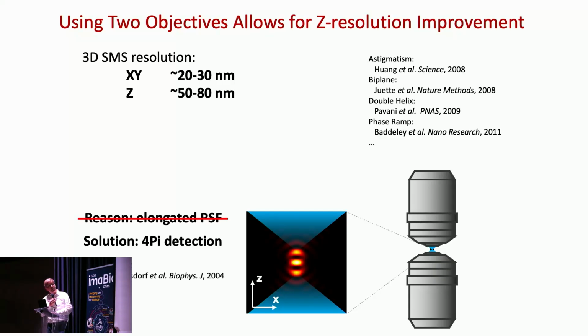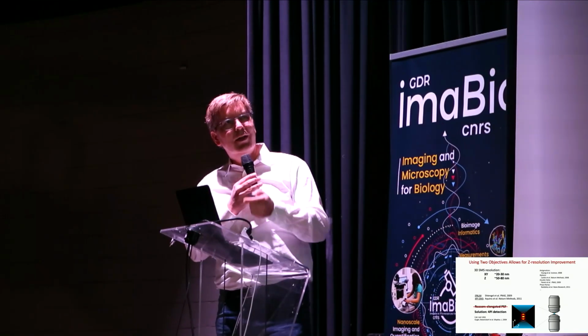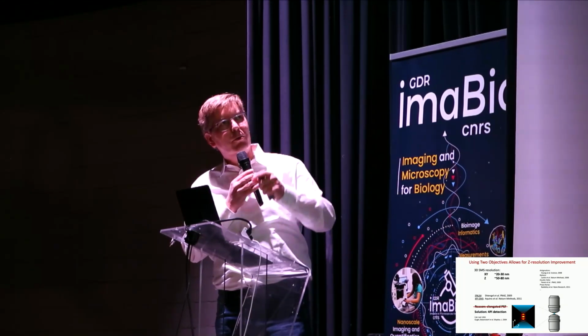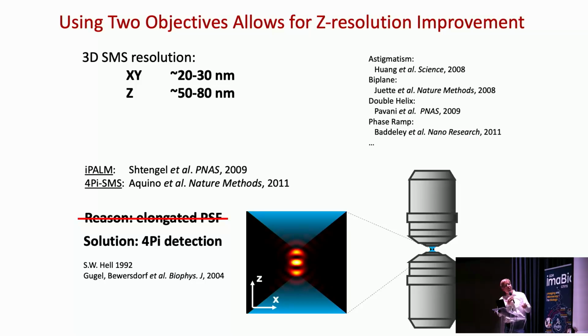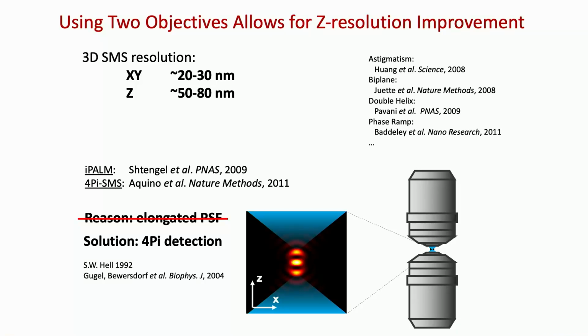So these are the early 4-pi papers, which Kate mentioned I worked on during my PhD. And then it was realized that this can also be used for single molecule localization microscopy, first in the iPALM paper by Harald Hess's lab, and then Stefan Hell's lab picked this up as well around the same time with the 4-pi SMS microscope.